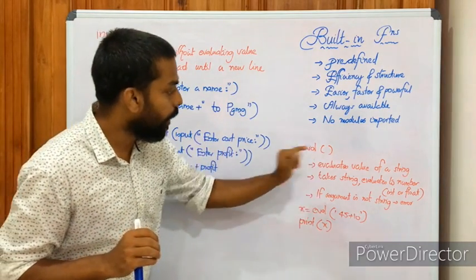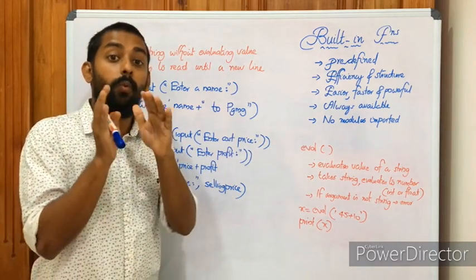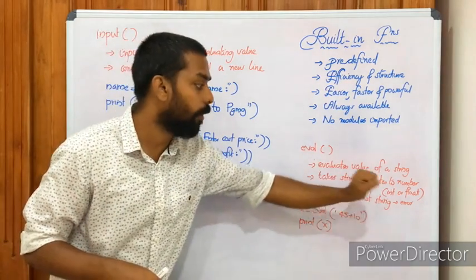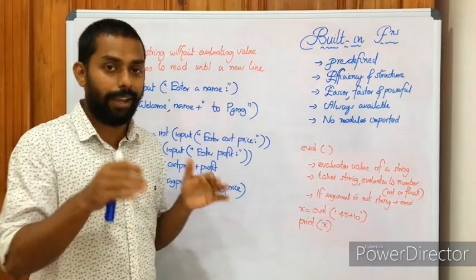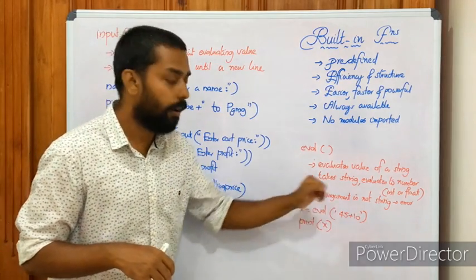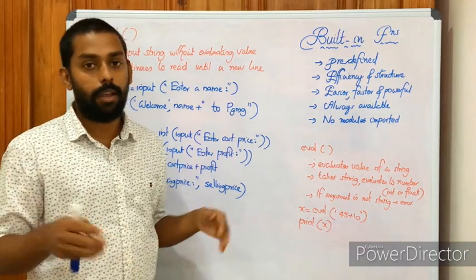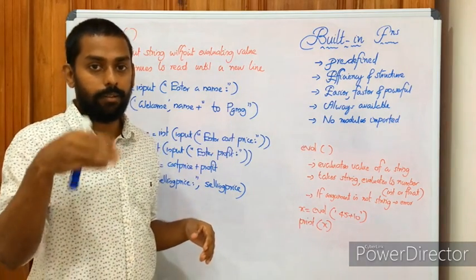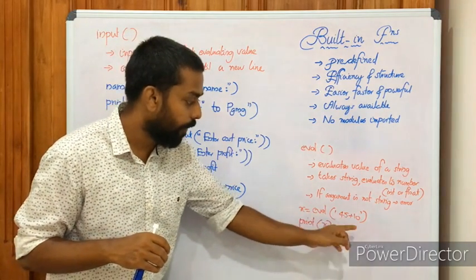Okay, so the eval function evaluates the value of a string to another type. It takes a string and evaluates it to a number, either integer type or floating point type based on the case. If the argument is not a string, what happens? Error. If the argument to the eval function is not a string, it results in error. We have an example, x equal to eval of '45 plus 10'.